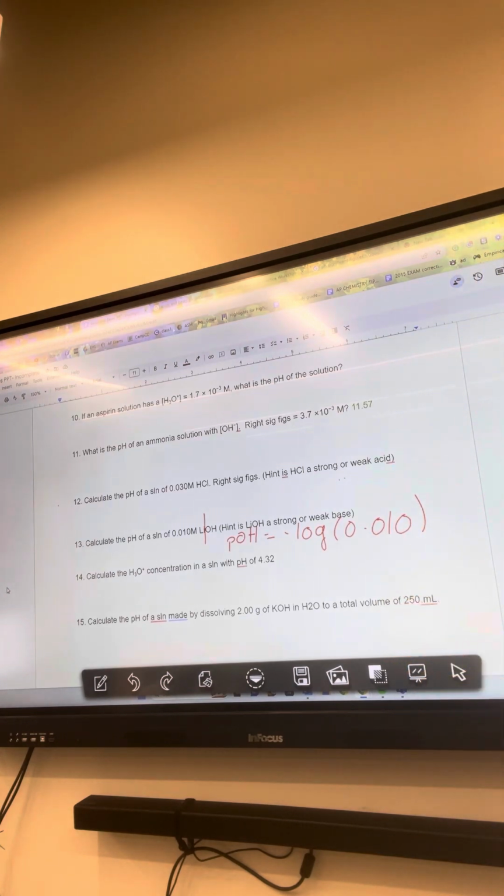Why do we have to add that? Because you have two significant figures, which means your pH should have two decimals.